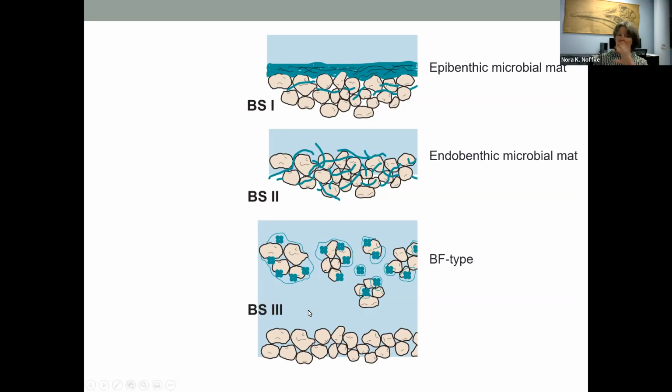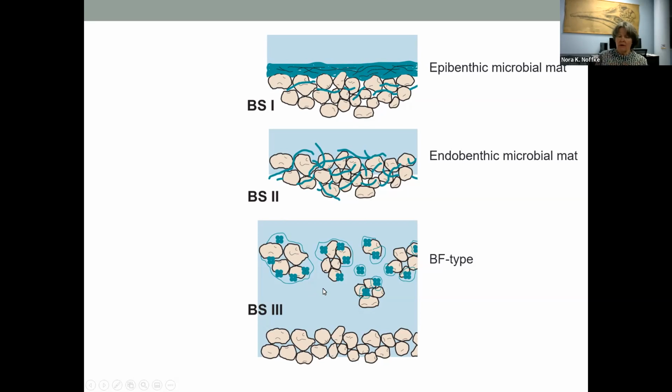Biostabilization type 3 is a little bit different. We observe in areas where there is a constant water motion, even just a very little, that the organisms form mineral biotic aggregates. Those aggregates stay in suspension for quite a long time, much longer than sterile grains would. The reason is that they have a smaller specific weight compared to sterile grains because of the biomass that plays a role here.